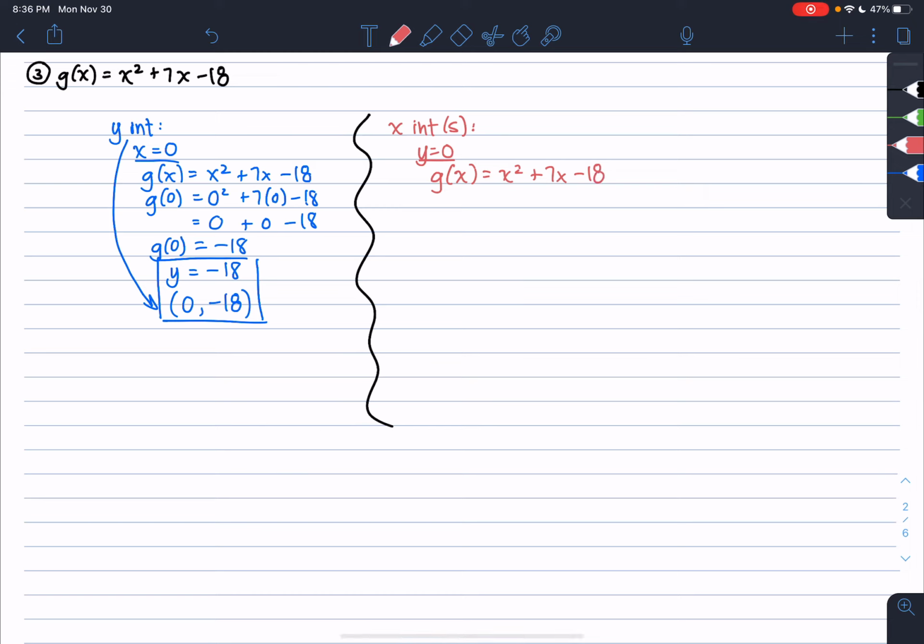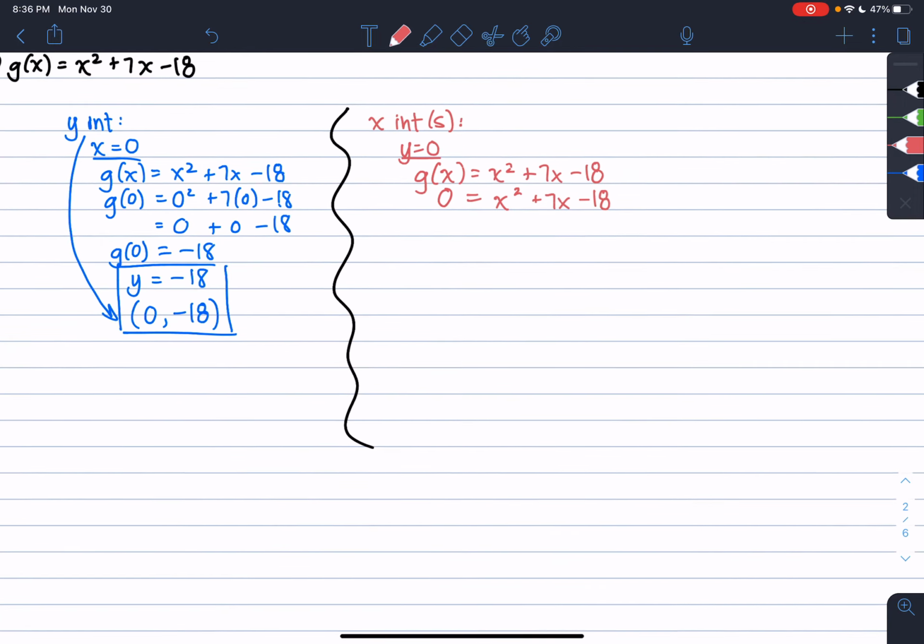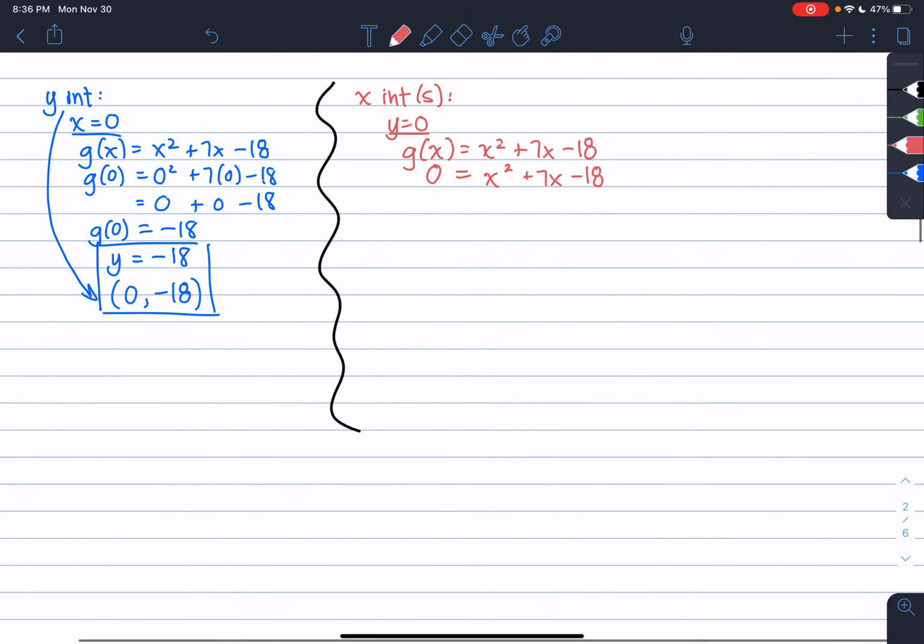Now when y equals 0, we just set our function equal to 0. So we get 0 equals x squared plus 7x minus 18. Next step, we want to factor this quadratic here.